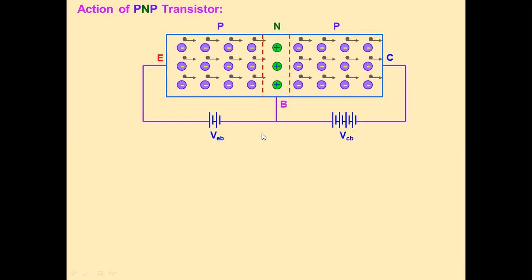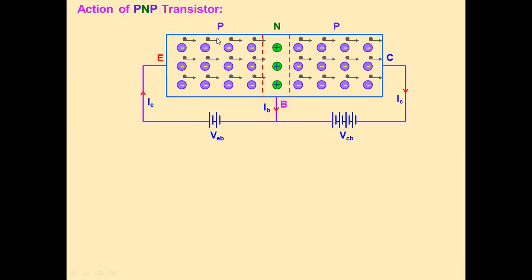When you see carefully, see here, these holes are moved due to the biasing voltage and get diffused across the junction. So the depletion width for emitter base is very small and depletion width for base and collector is large. So it is in forward and reverse biasing. So again, holes get transferred from emitter to base.